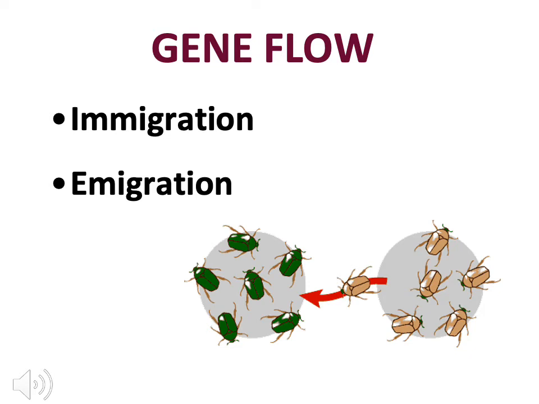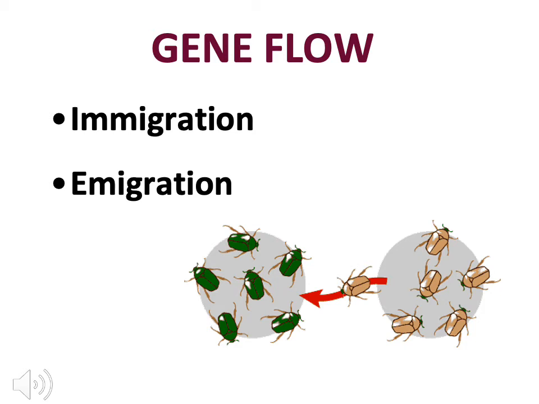Now, as that brown beetle leaves its brown beetle population, it's probably not having a tremendous effect on the collective genotypes within that population. But you watch that beetle enter the green population, and all of a sudden you're introducing new genes into the green population, which could ultimately have an effect on the evolutionary trajectory of that population.